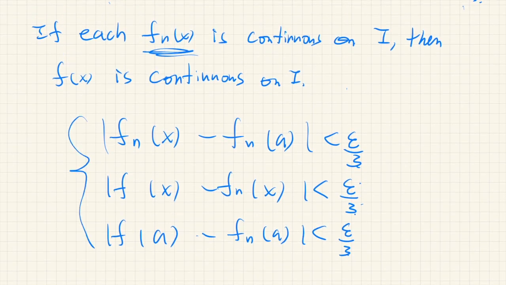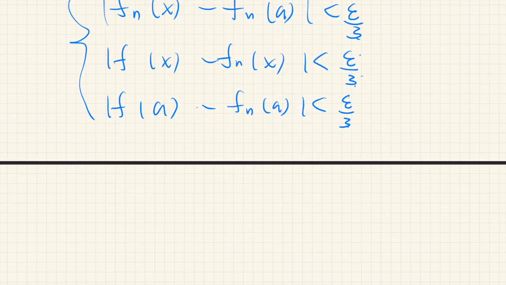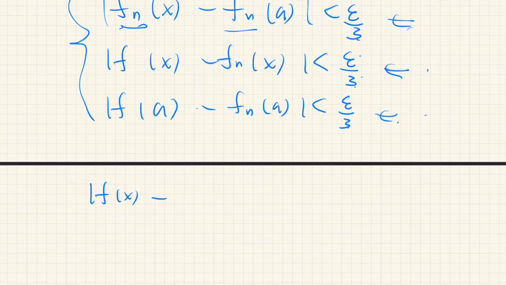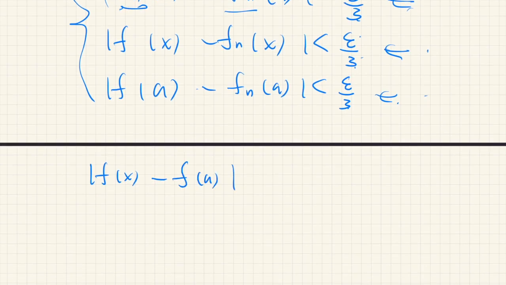So this comes from the continuity of each of these functions, and this comes from uniform convergence. From this, we can show that the difference between f of x and f of a can be made less than epsilon, where epsilon is any positive real number, as long as x and a are close enough. Okay, so that's the hint for the proof, and you should try the rest.